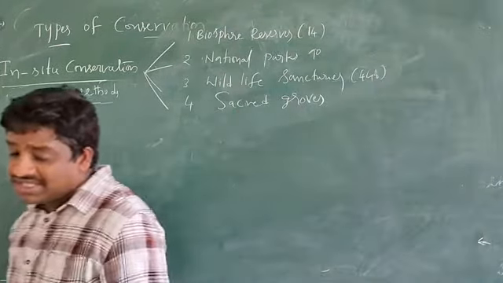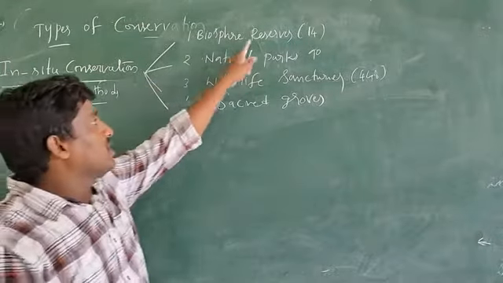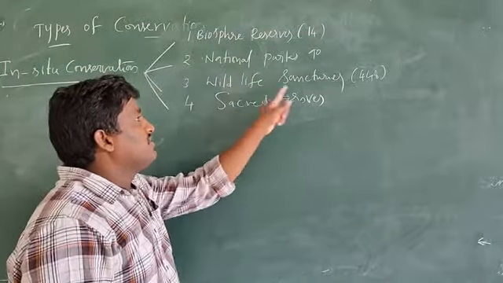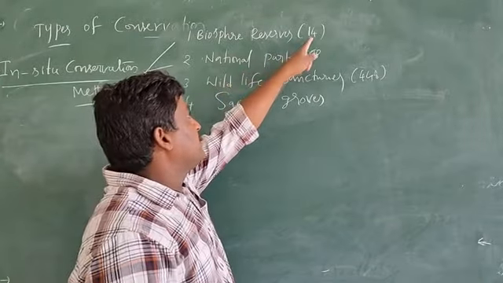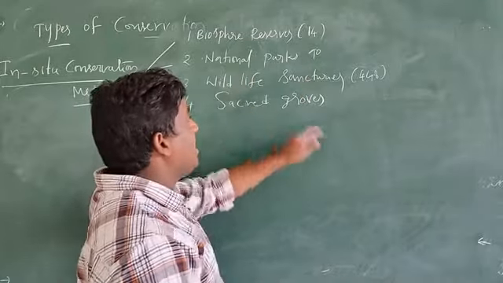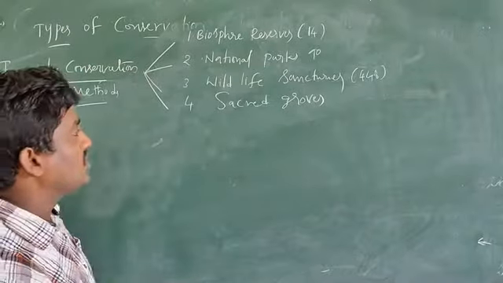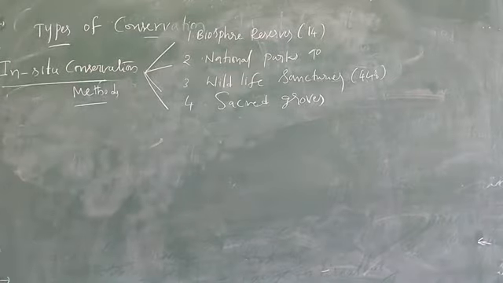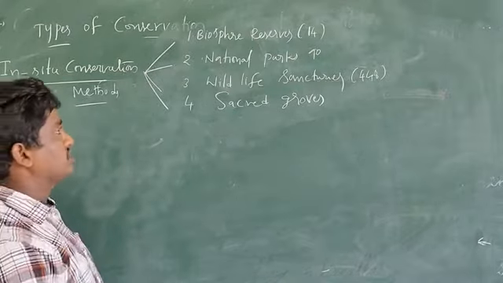So the biodiversity rich regions are legally protected as biosphere reserves, national parks, wildlife sanctuaries and sacred groves, which are a special type. First of all, we are going to discuss the biosphere reserves.